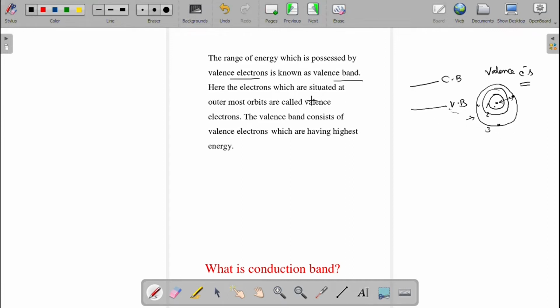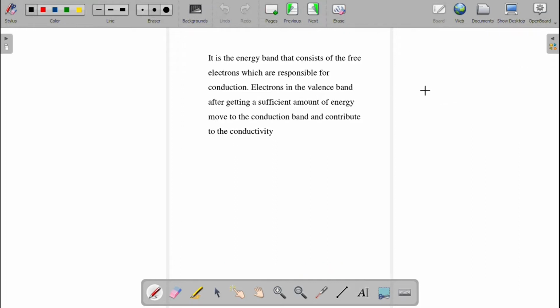Next one is the conduction band. What is the conduction band? Just now I said the valency band will be here and the valency electrons will be present there, and then another existing band is called the conduction band. The electrons present in the conduction band are the only ones responsible for conducting current. Okay, so that you have to understand clearly.